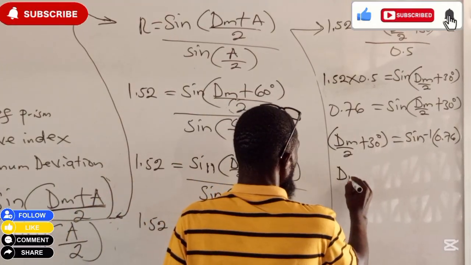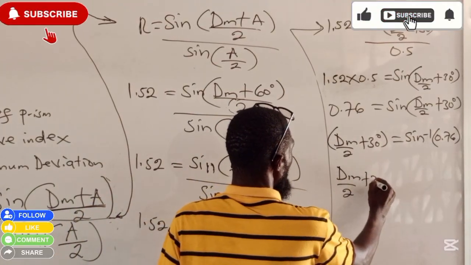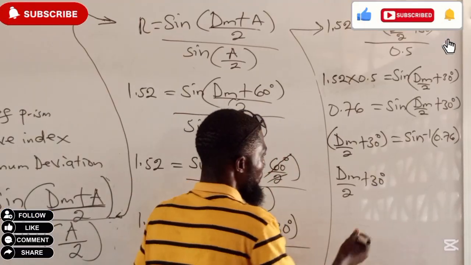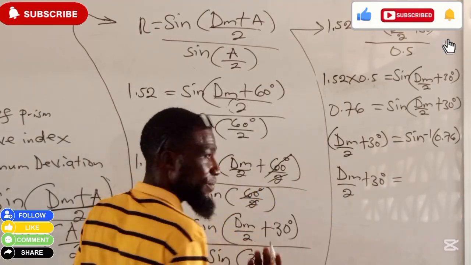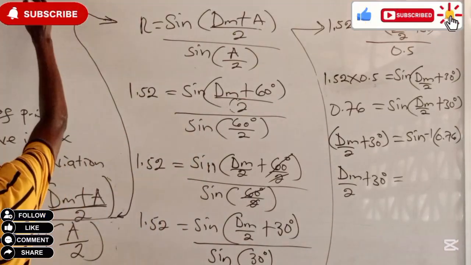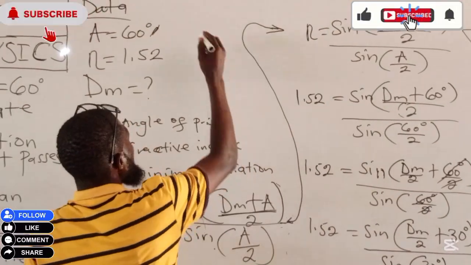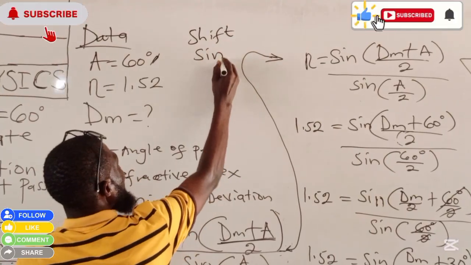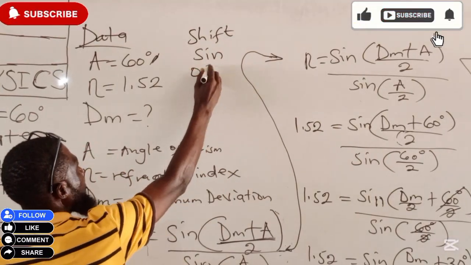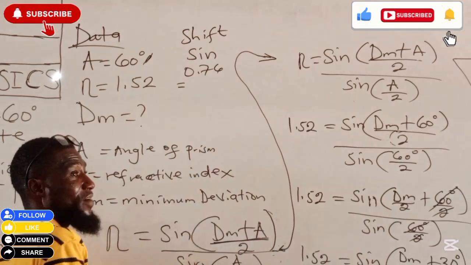So we say the minimum deviation over 2 plus 30 degrees will just be equal to the sin inverse of 0.76. Remember, on the scientific calculator, to get the sin inverse of 0.76, we press shift and also press sin and put the number 0.76, and automatically it gives our answer.